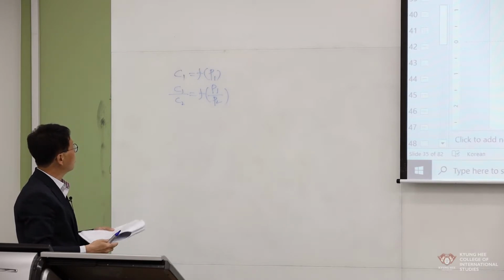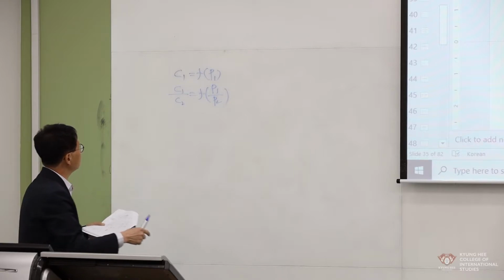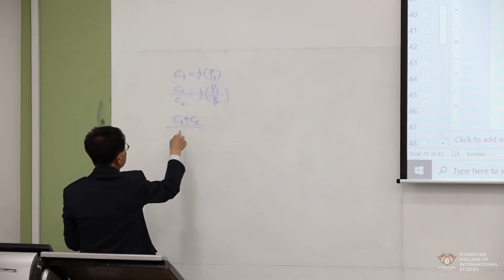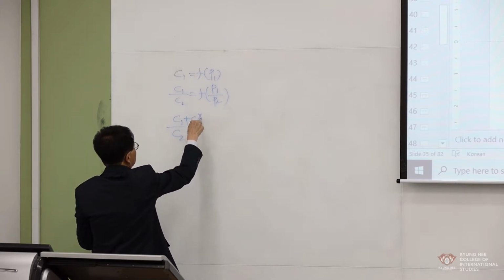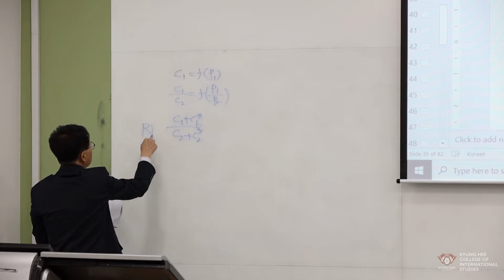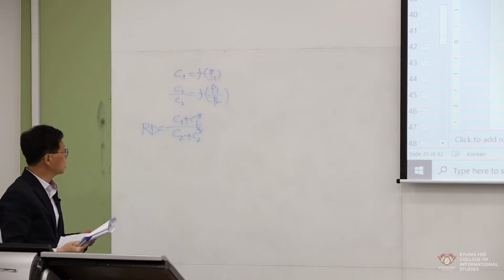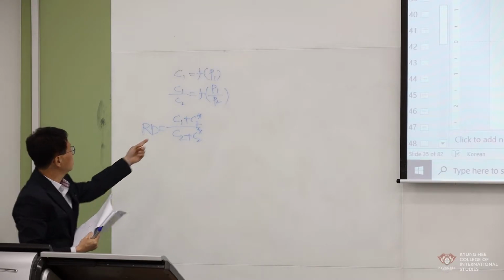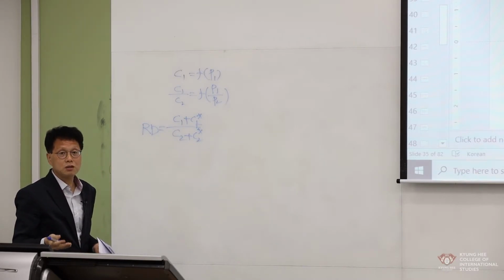Then the world relative demand after free trade is like this: C1 plus C1 star divided by C2 plus C2 star. That is the relative demand after free trade when there exist two countries and two goods, right? That is relative demand, isn't it?